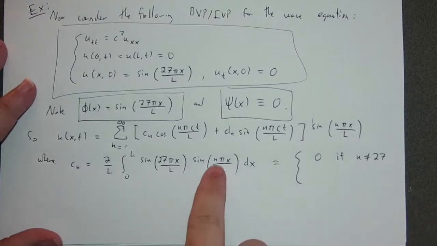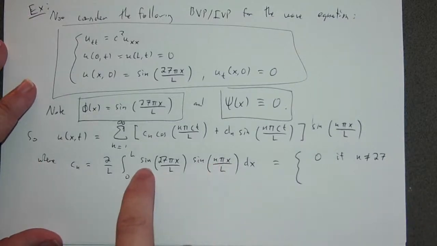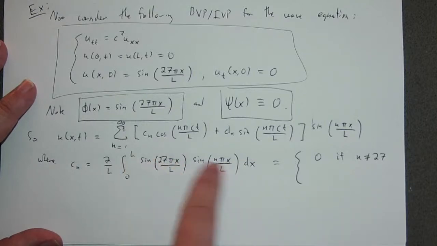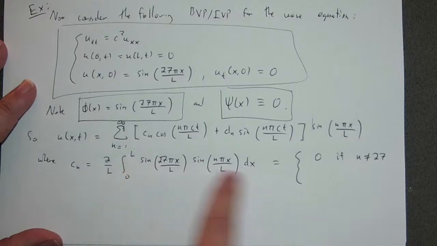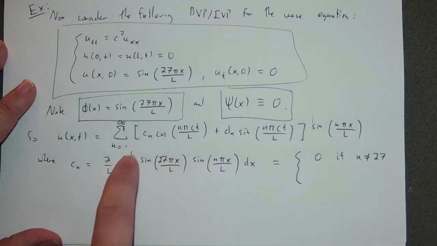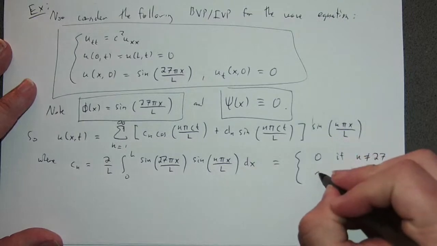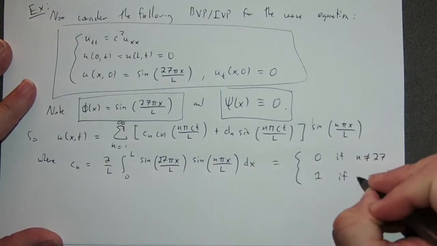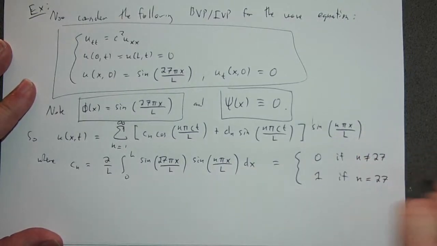And if n is equal to 27, then this would be sine of 27 pi x over L squared in this integrand. And the integral from 0 to L of sine of 27 pi x over L squared dx is L over 2. So this would be 2 over L times L over 2. So this would just be 1 if n is equal to 27.